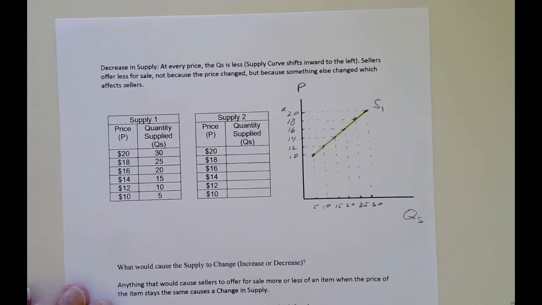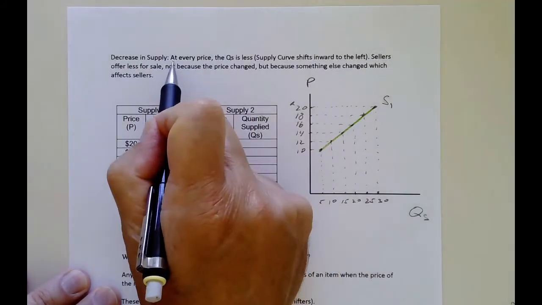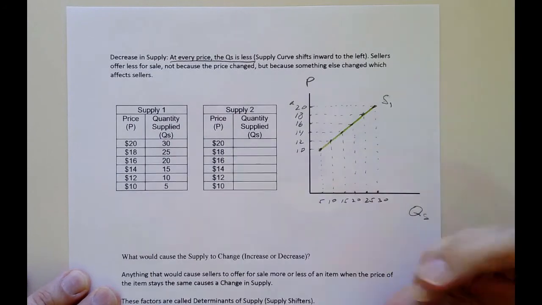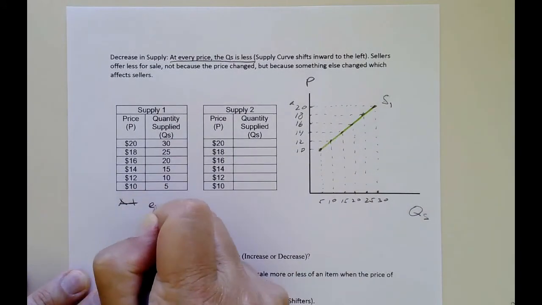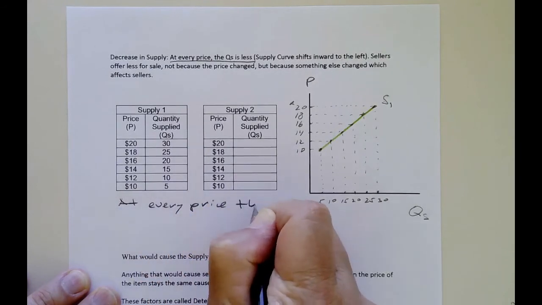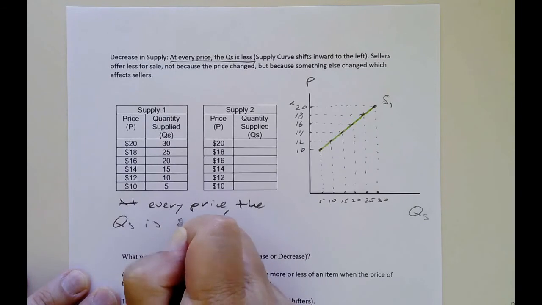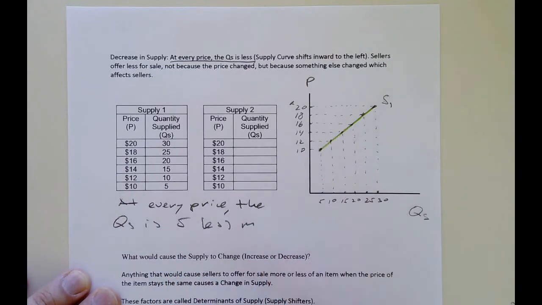Now we can show a decrease in supply. At every price, the quantity supplied is less. Here I have the original supply that we got from supply S1. And now let's say at every price, the quantity supplied is 5 less.